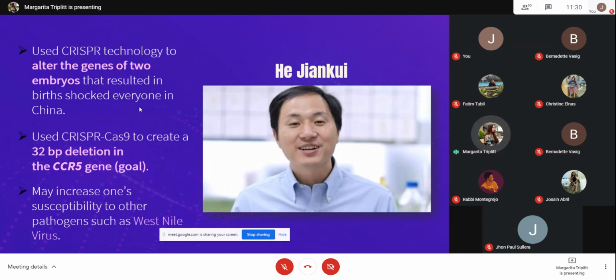Now that's his goal, but the outcome became devastating, since we have no idea what the outcome of this CRISPR-Cas9 genome editing would be.